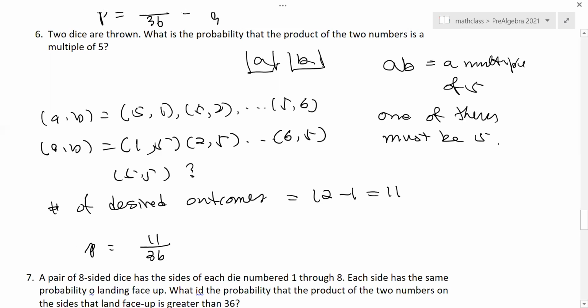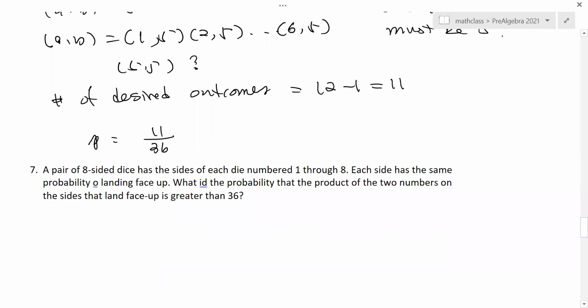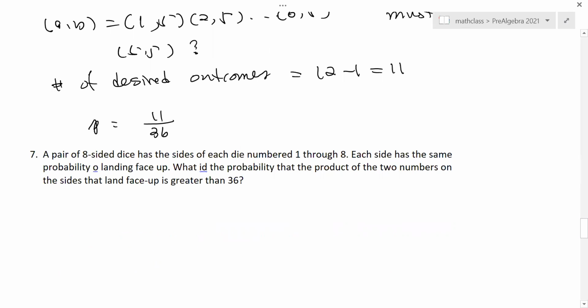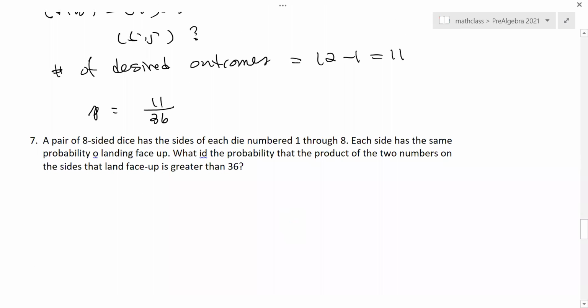All right, now let's take a look at the next problem. A pair of 8-sided dice has the sides of each die numbered 1 through 8.